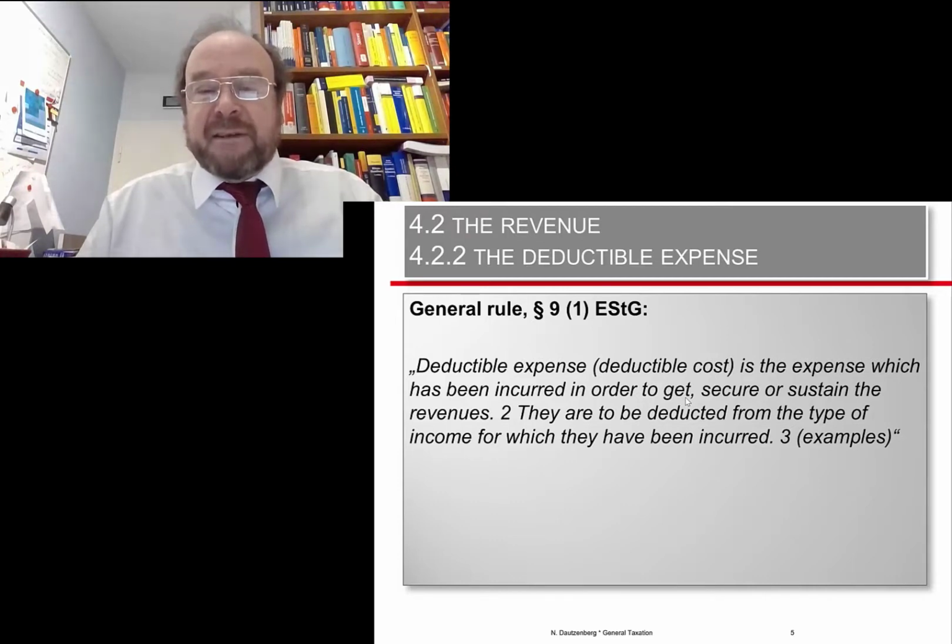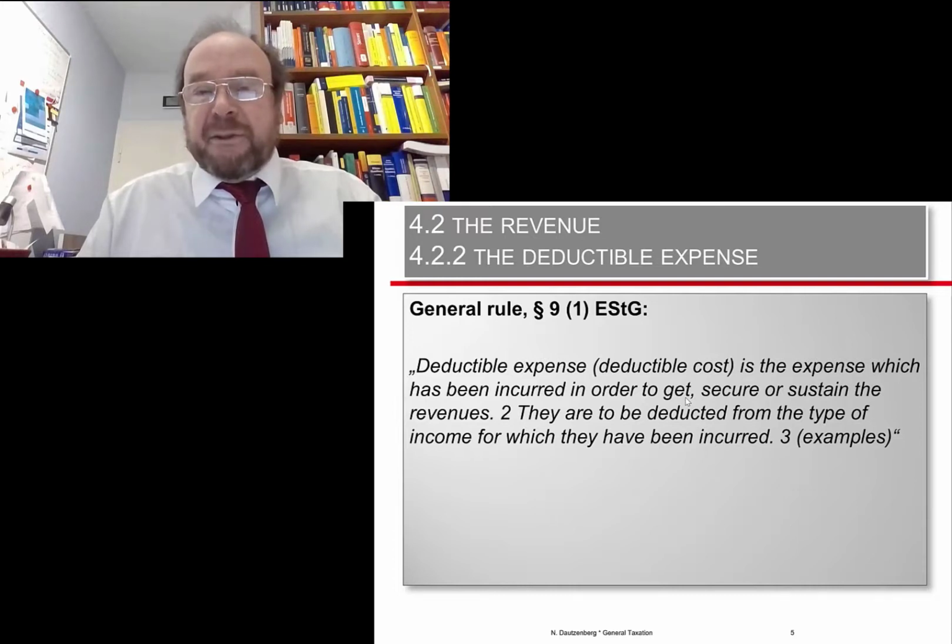If you see that definition, please underline or keep in mind the words expense, so it must be something which makes you poorer. Then incurred in order to, so in order to means with the aim to. It's not necessary to arrive at the aim, so to be successful.